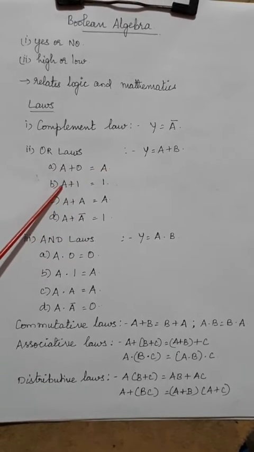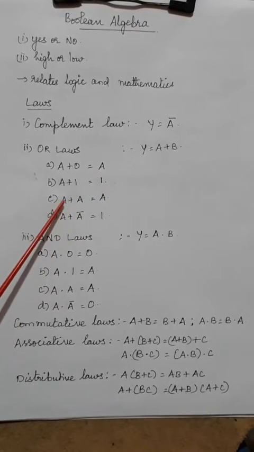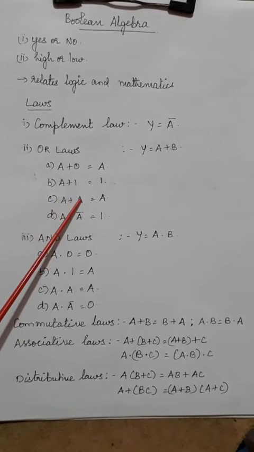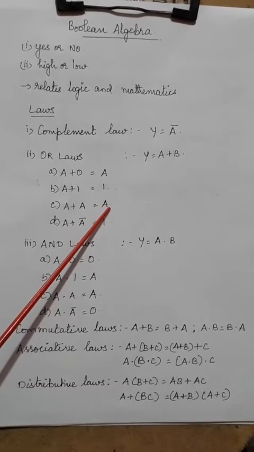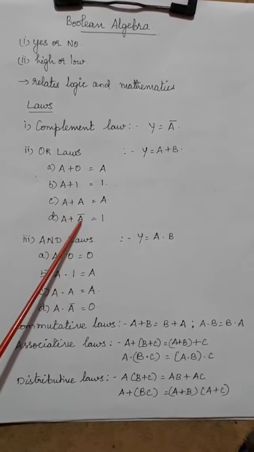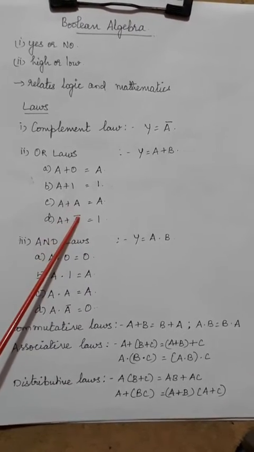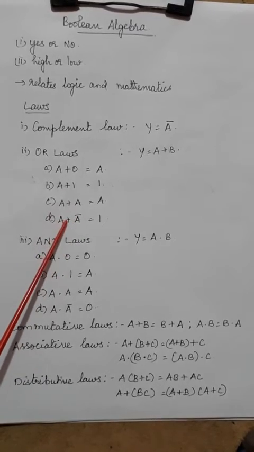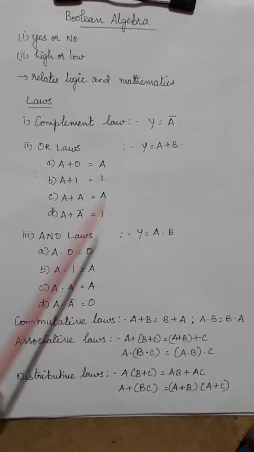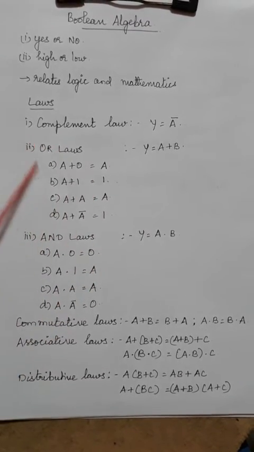If it is a plus 1, it gives me 1. If it is a or a, both inputs are a, the output is again only a. And if it is a and its complement given to an OR gate, it gives you an answer of 1. So these are the laws through which we can compute. This is all OR laws.